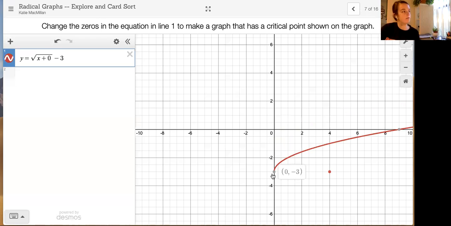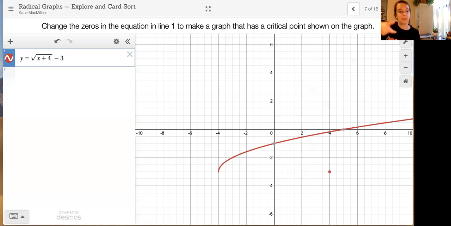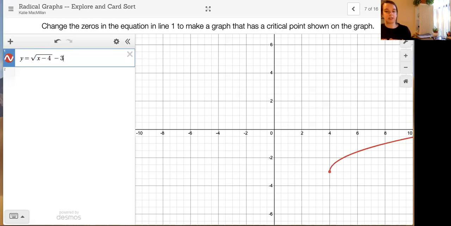I need it to go +4 to get over here. However, if I put +4 here, remember that it moves in the opposite direction, right? So I'm going to need to put -4 here in order to move it to the critical point, +4, -3. So you're just changing the graph that is here in order to reach that critical point.